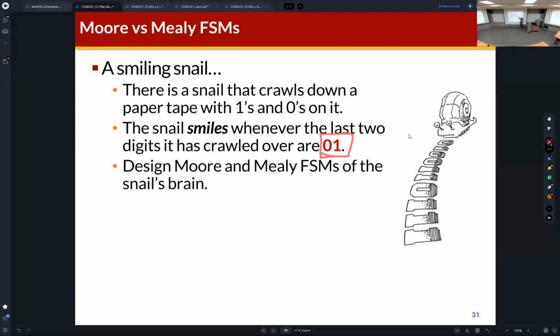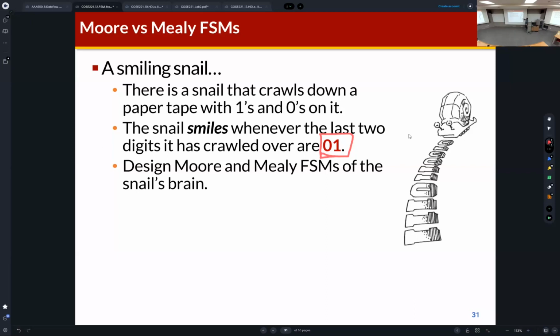It's a sequence, which means that we need to implement sequential logic, remembering the previous event. This smart snail will smile if it detects the sequence 0, 1 in the sequence of numbers.